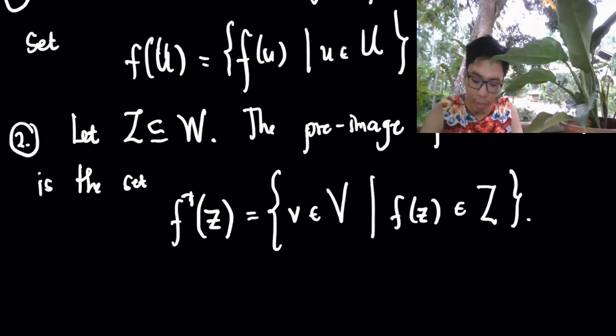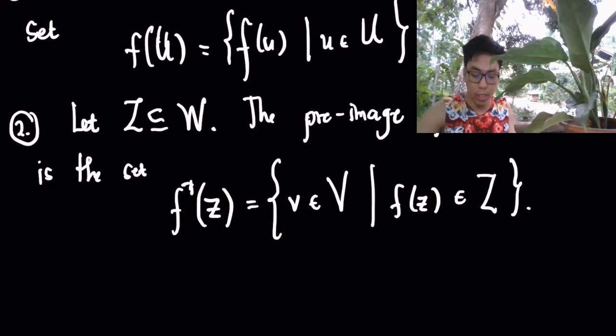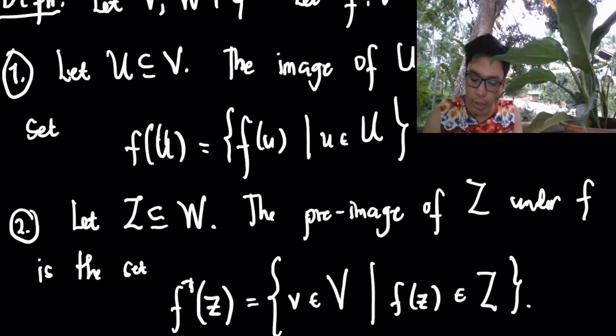So the second definition implies that the preimage of Z under the function f is the set of all elements coming from V that are mapped to elements in Z. So that is the implication of the second definition. So this is actually in general the definition of a function.